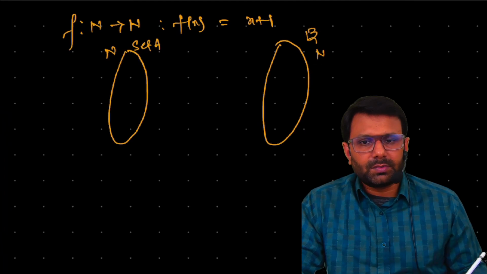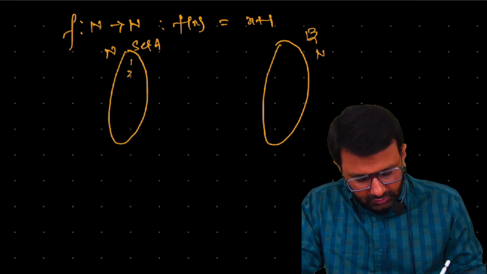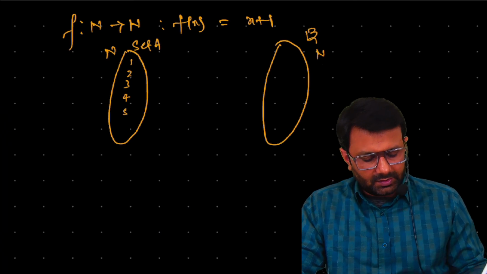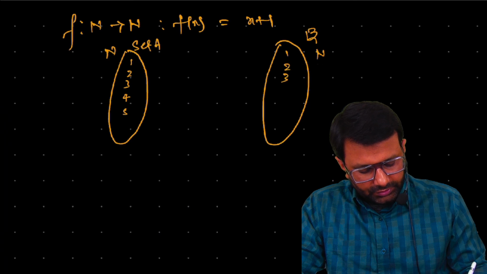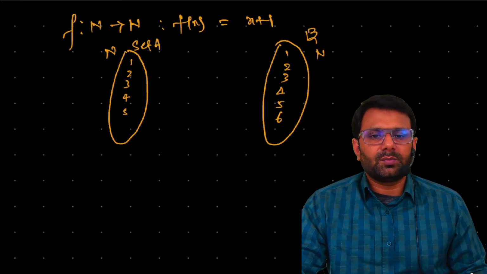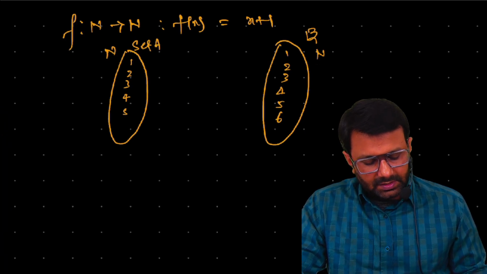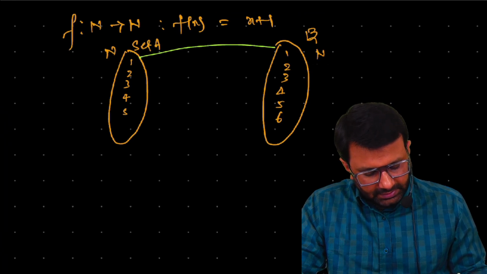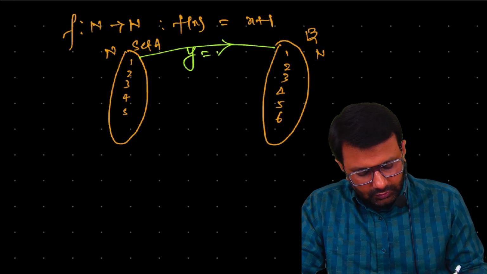Suppose set A has 1, 2, 3, 4, 5 and set B has 1, 2, 3, 4, 5, 6. How is set A connected to set B? f(x) = x + 1, so y = x + 1.